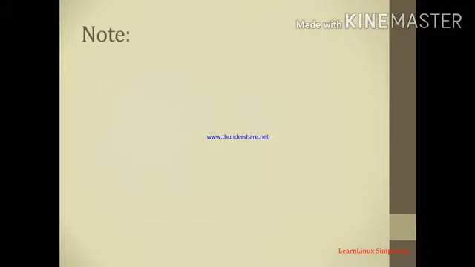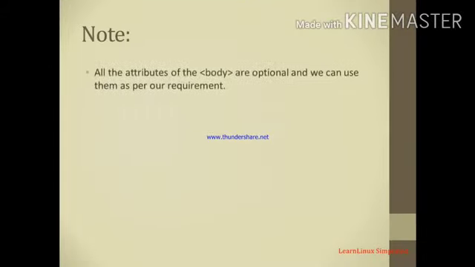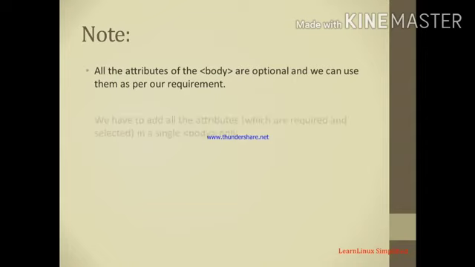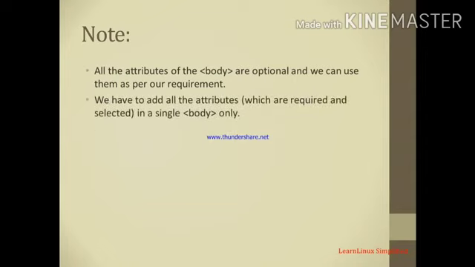Note, all the attributes of body are optional and we can use them as per our requirement. Means it is not necessary that every time we have to use all these attributes. We can add them as per our requirement. Okay, we have to add all the attributes in a single body tag. That means we cannot use body tag multiple times.